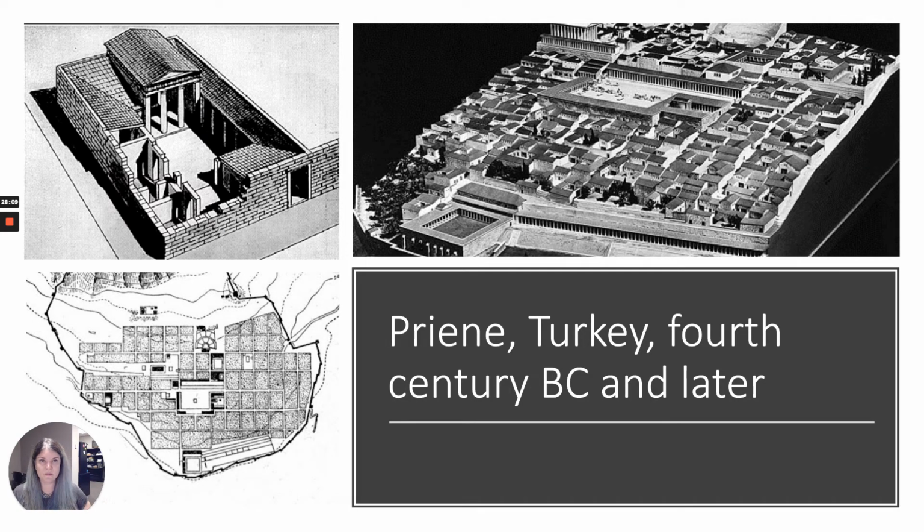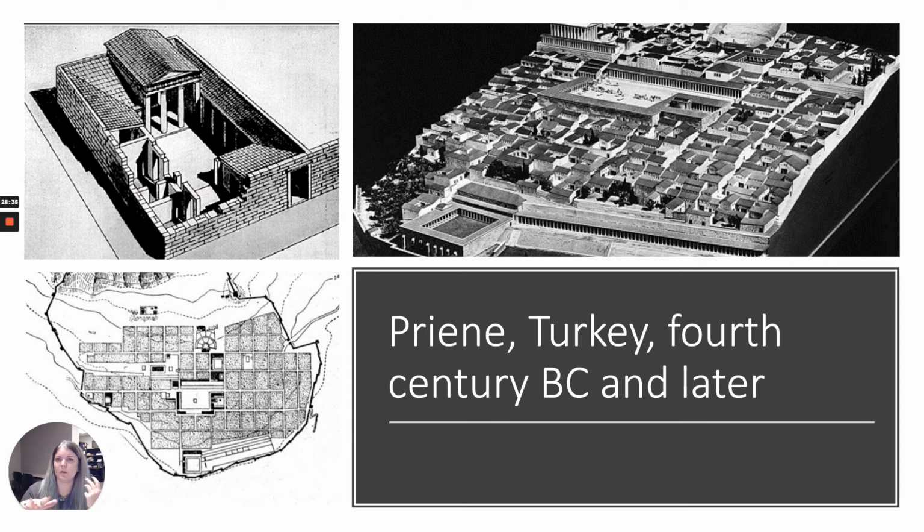Okay, the other thing we see during this time period is more development in secular architecture. And by secular, I mean non-religious, right? So not just developments in temples, but also in city planning, the way cities were designed. We get more of this where the city is all designed at once.